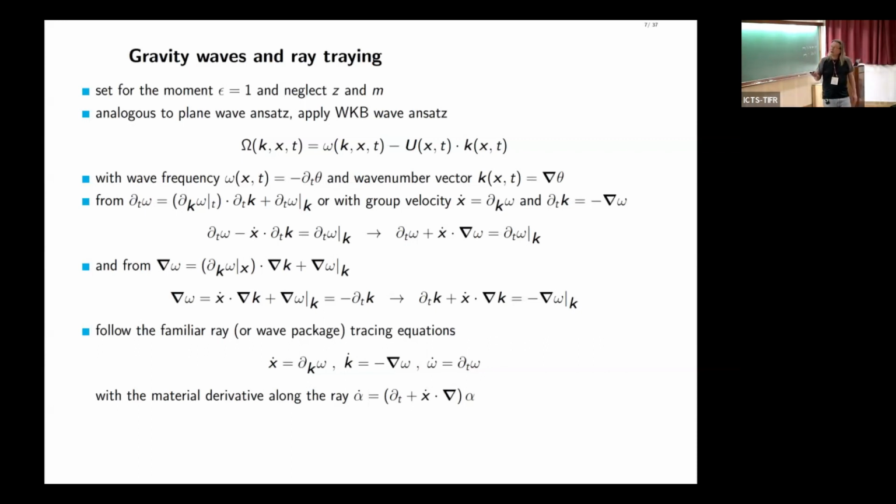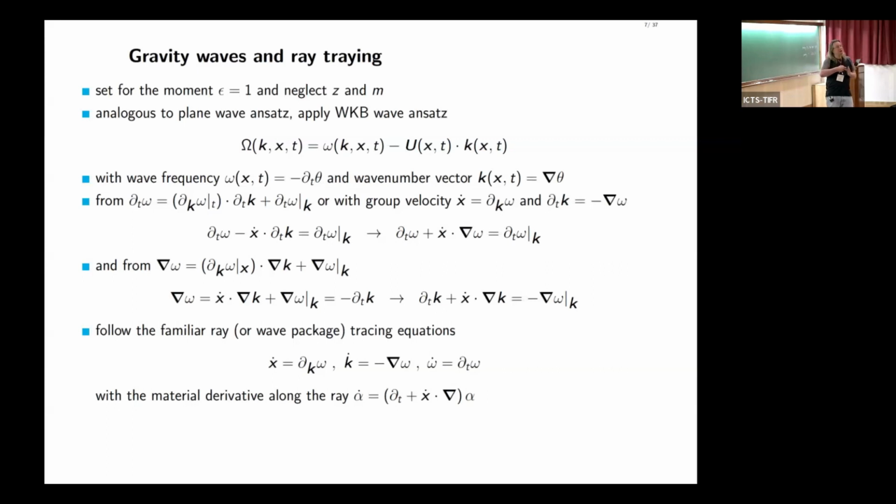And you can relate it to this minus gradient omega, which is the explicit dependency of omega on x by u, or u on x, or n on x. And what we have is omega dot is then related to changes in time of u and n, which we may allow for. Okay, so these are the ray equations, and you can use them to follow a ray.